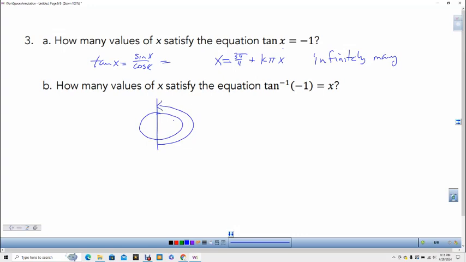And there's only one value in there that's going to give us -1. That's going to be at -pi over 4. So in this case, x would equal -pi over 4, so there is only one, and it's because of the limited domain that we have to put on the original tangent function for it to be one-to-one.